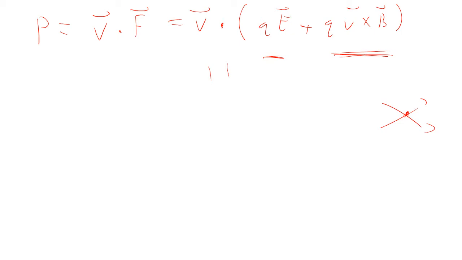So that means when you do the dot product, this term is going to go away. And so the power is going to be VQE, assuming that we're pushing it primarily in just that one direction. So that is the rate of change of energy, the rate at which you're doing work. So the rate at which you're doing work is VQE.